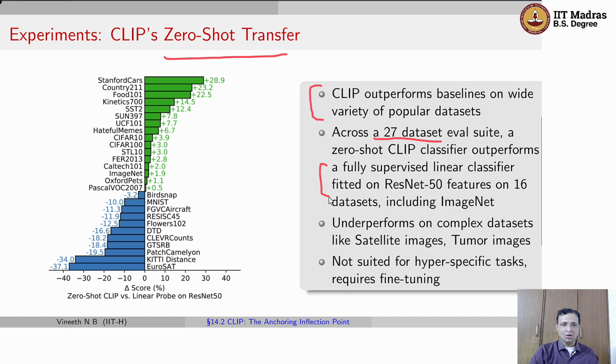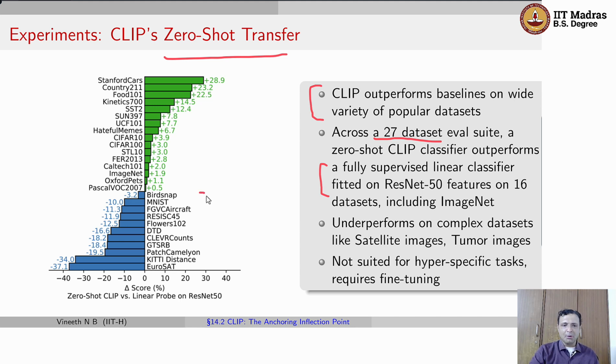What do we mean? You train a ResNet 50 model or take a pre-trained ResNet 50 model, you get the features out of the ResNet 50 model. Now train a linear classifier on those features on all the labels, which means we are comparing zero-shot CLIP to a fully supervised linear classifier on ResNet 50 features. On 16 of the 27 datasets, CLIP outperforms all the baselines.